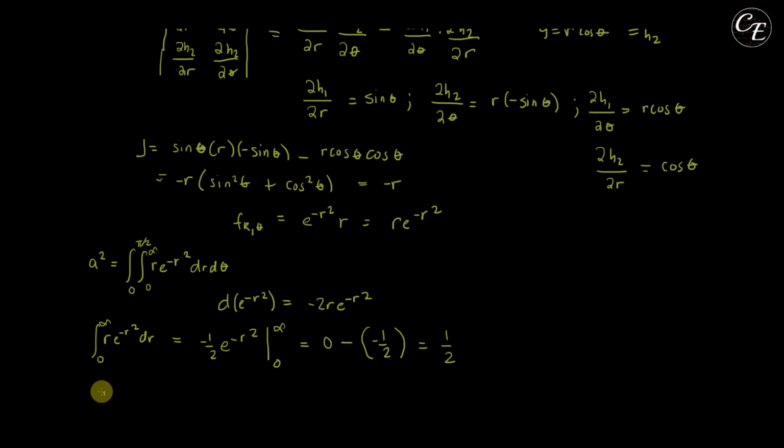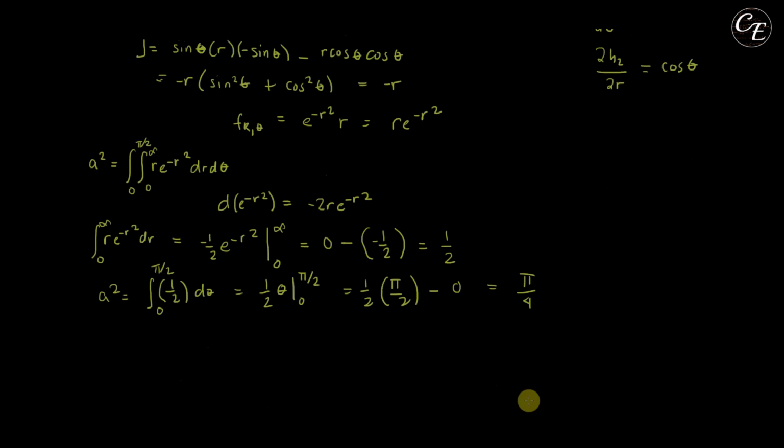Then for our a squared, we will have the integral of, for the inner we'll have 1/2, and now d theta from 0 to pi over 2. This is 1/2 of theta from 0 to pi over 2. Substituting pi over 2, we get 1/2 times pi over 2, then minus, substituting 0 for theta we get 0, so we get pi over 4.